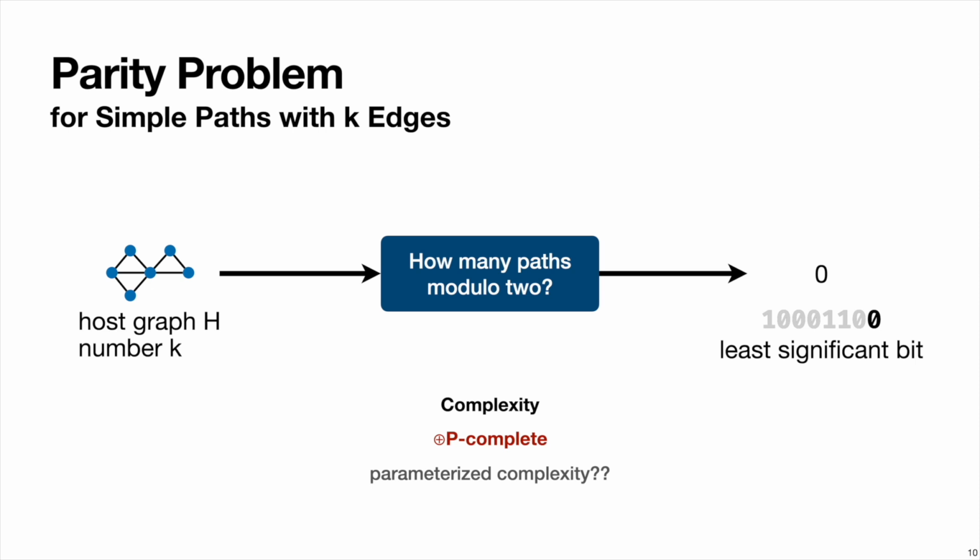The problem is parity-P complete. That's because the problem generalizes Hamiltonian path. What was open prior to our work is the parameterized complexity. We find out that this problem is parity-W[1] complete. So it's unlikely that there is an FPT algorithm for this problem.